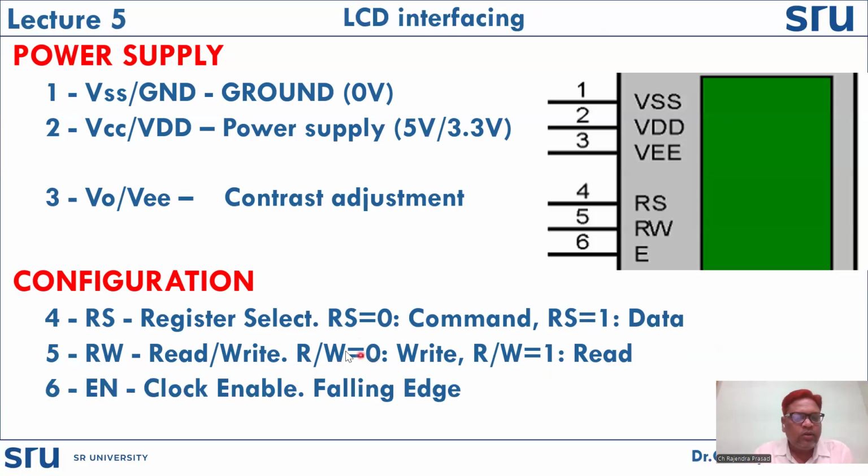And then the sixth pin is the enable pin, the clock enable. The LCD is always enabled using the falling edge of this enable signal. So we need to provide a low level signal, and only on the falling edge of this enable signal will the LCD be enabled.